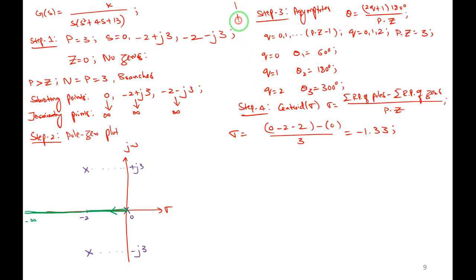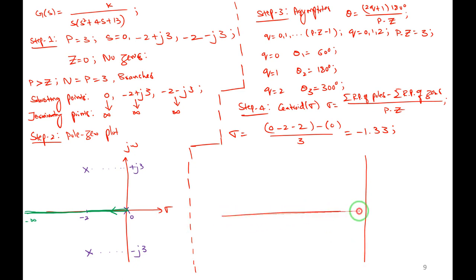Okay, let me sketch steps 3 and 4. You can observe the sigma j omega plane. Poles are not required; let me look at only the centroid, minus 1.33. So sigma equal to minus 1.33 will come here. Let me change the ink color.